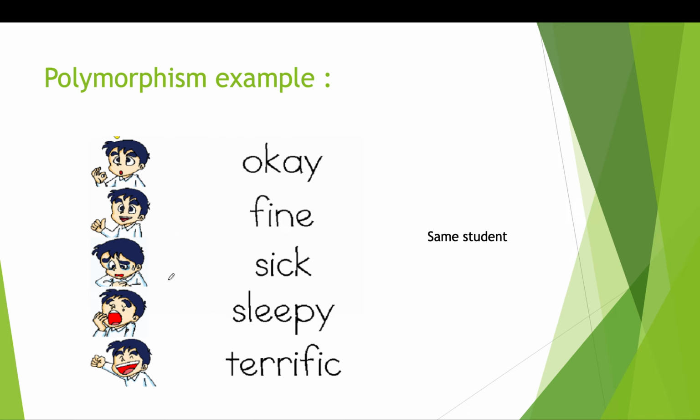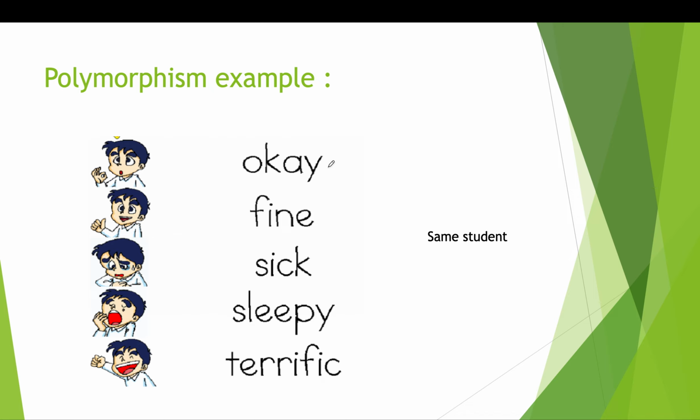You can say one student, the same student, depending on maybe the subject or the lecture timings, or if he or she might have slept late yesterday, or maybe the teacher, or whatever be the reason, the same student in different lectures behaves in different ways. In some of the lectures he might be okay or fine.